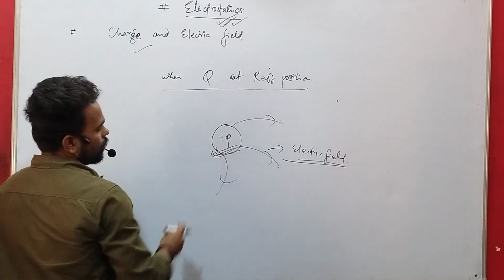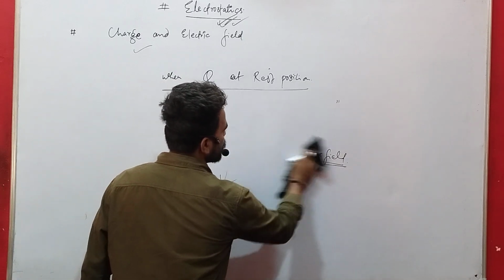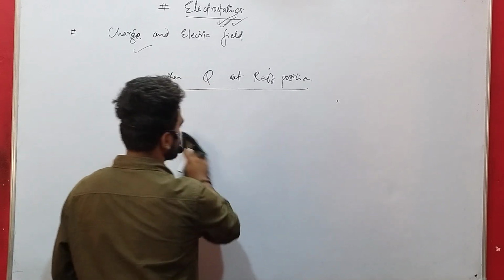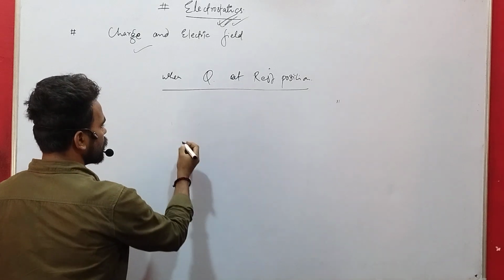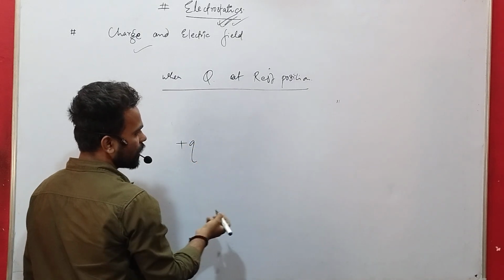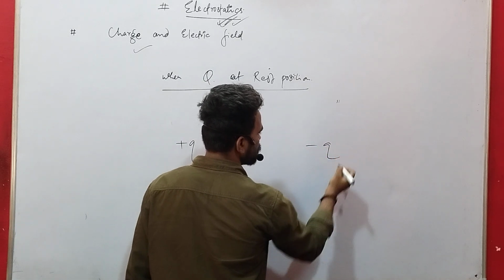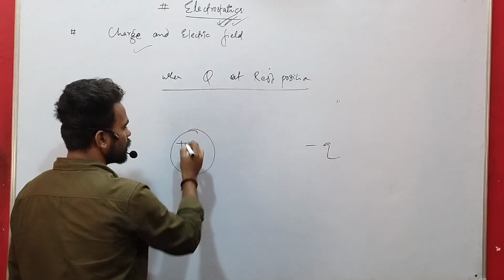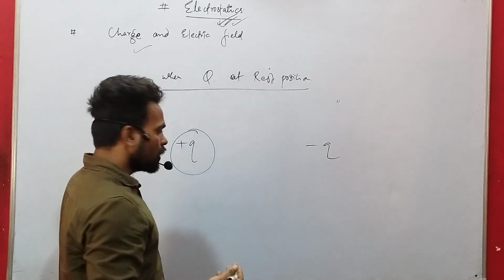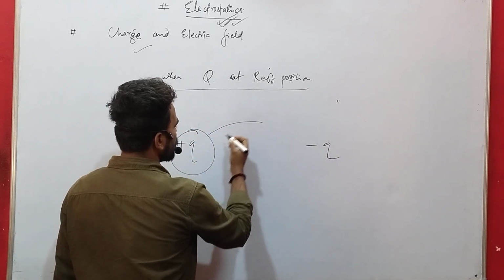Now, how do charges make an electric field? Here we are taking plus Q charge and another, minus Q charge. The plus Q charge initiates the electric field.